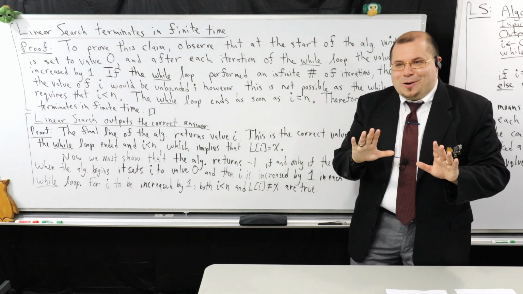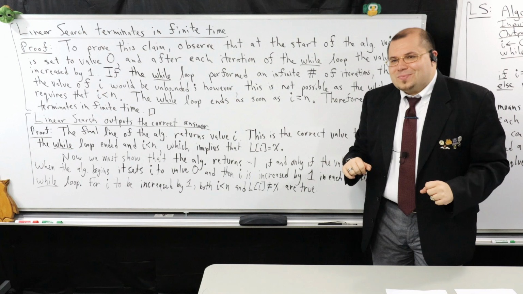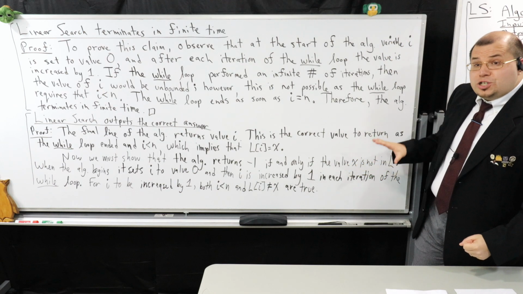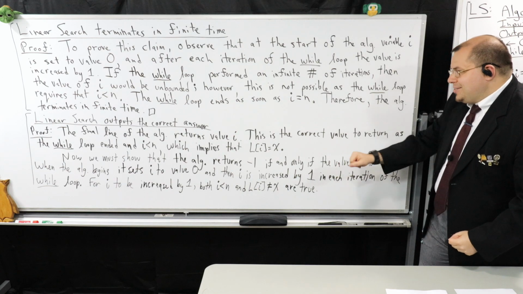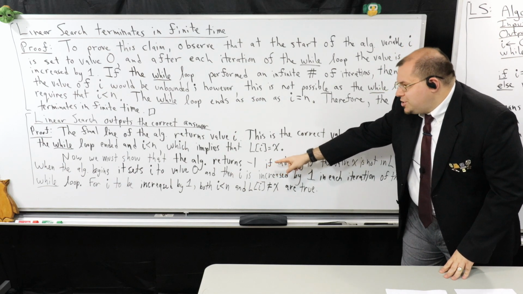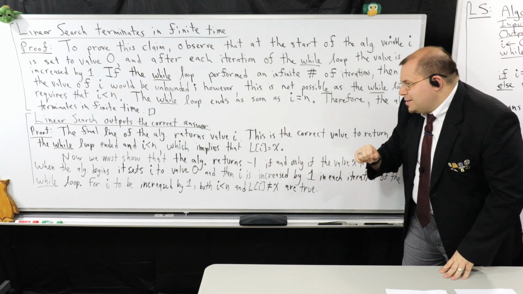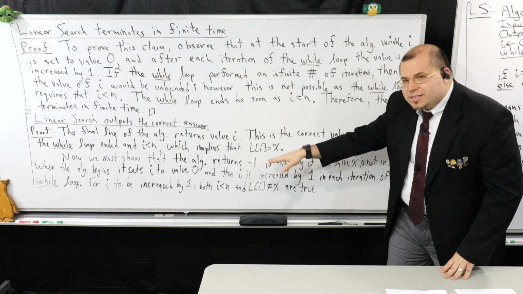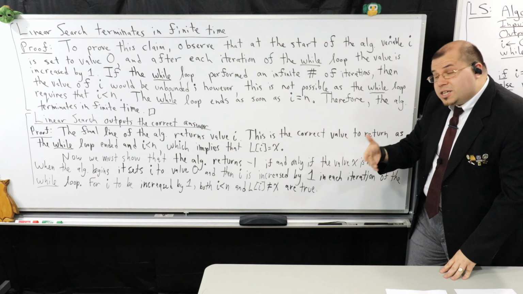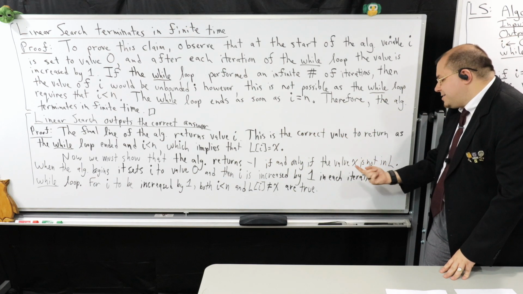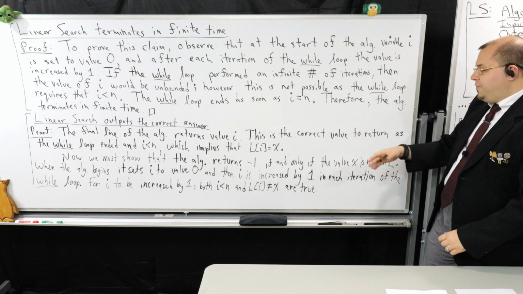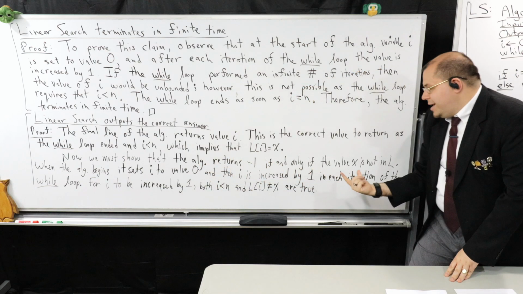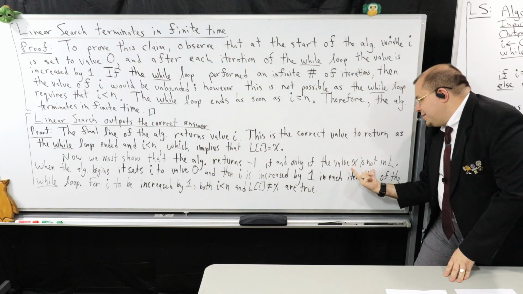I've got to talk about the other part now. The other part is when we know it's going to return -1. So I'm going to consider when the algorithm returns -1, and I'm going to show you that it is logically equivalent to saying that the value x is not in L. So if and only if, just as a reminder, if you see me write something on the left side of the if and only if, it's logically equivalent to what I have on the right side.